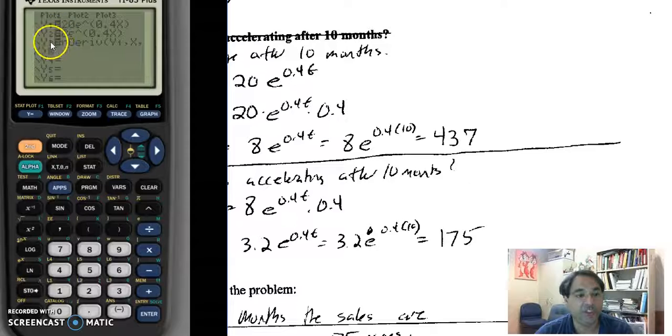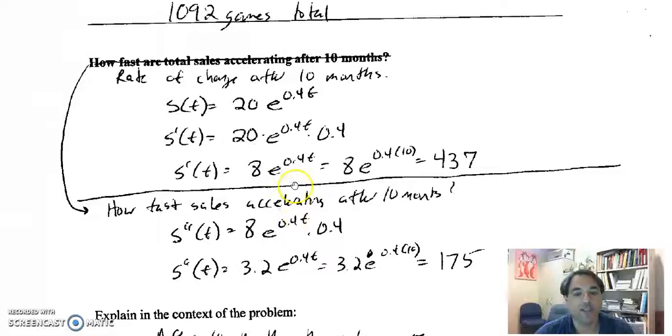Now y2 and y3 should be the same. y2 is doing it by hand, y3 is checking in the calculator. So when I go to the table, notice that y2 and y3 round off to 437 games. Good way to check your work. So I could say after 10 months, the rate of change of sales is increasing 437 games per month.